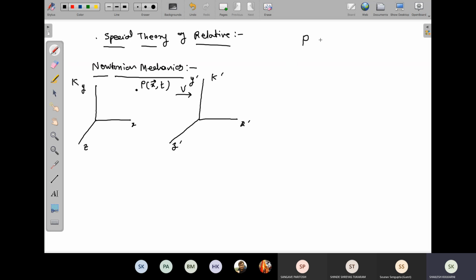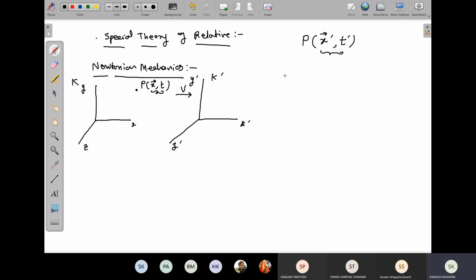So suppose the observer in K prime frame labels this point in the following way: x prime and possibly t prime. These are the labels used by the observer in K prime frame, and these are the labels used by the observer in K.